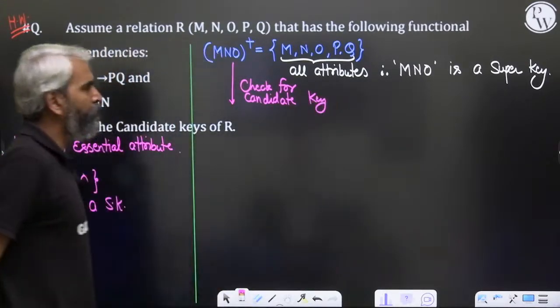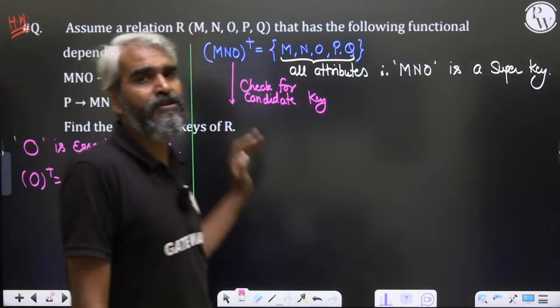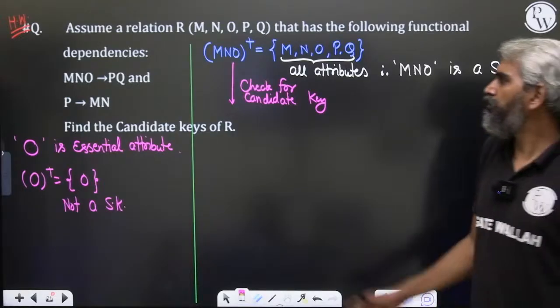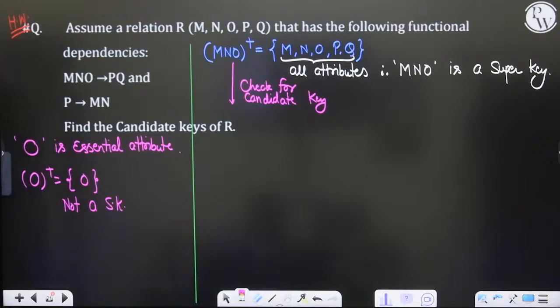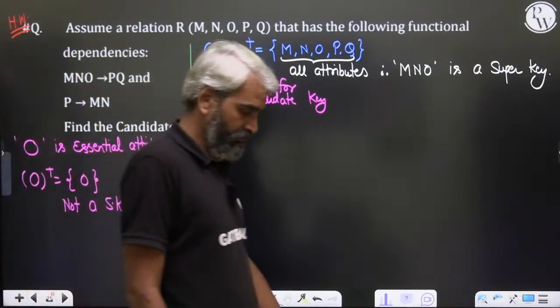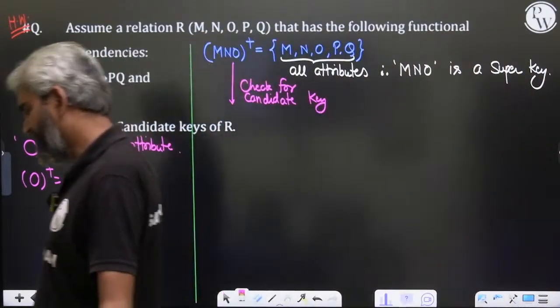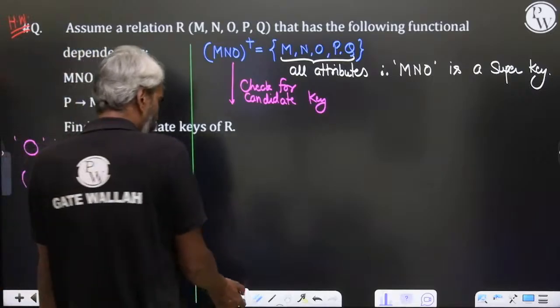Okay, some important thing that you must understand. How many non-empty proper subsets are possible of a set containing 3 attributes? How many proper subsets are possible with respect to this set MNO? Non-empty, if I say 6, one is empty, so non-empty proper subsets will be 6.